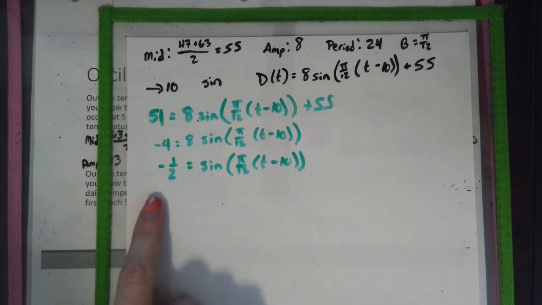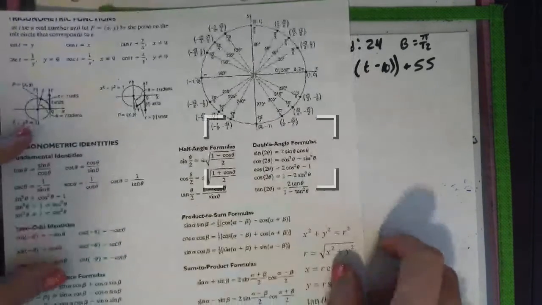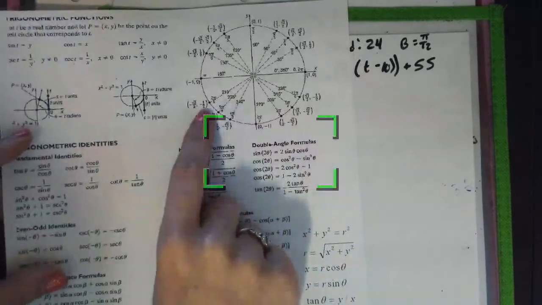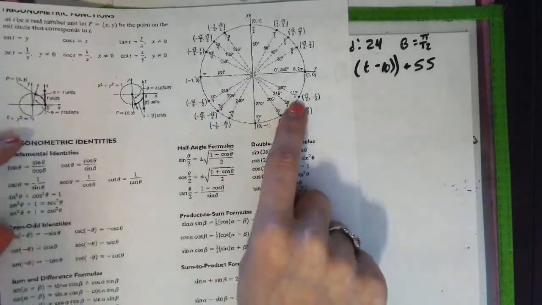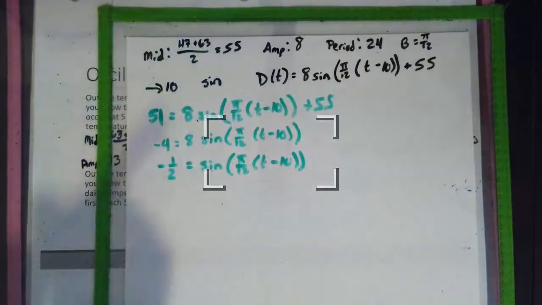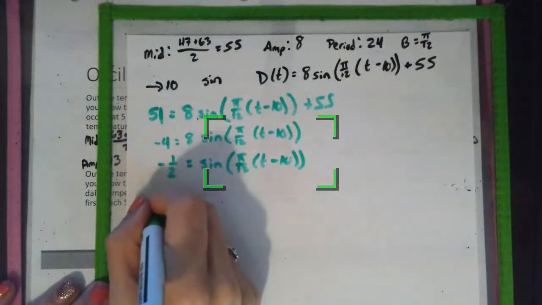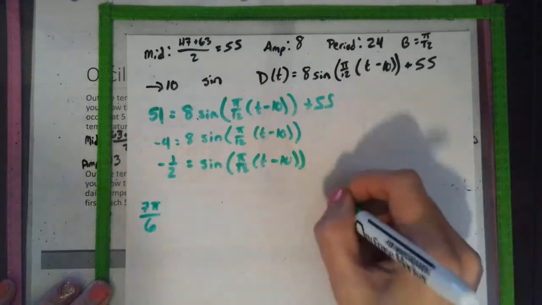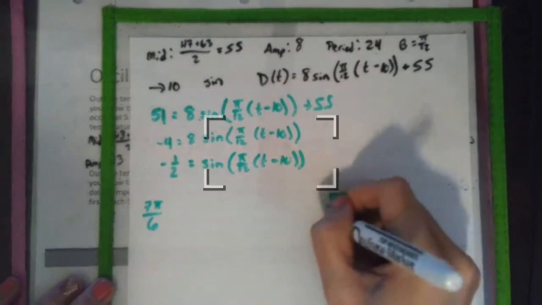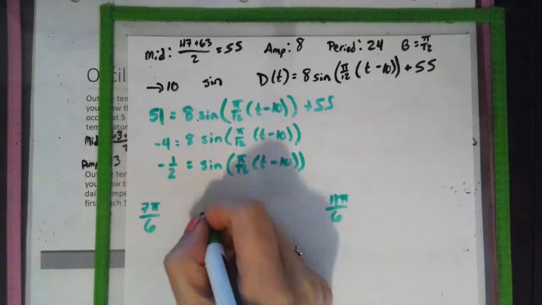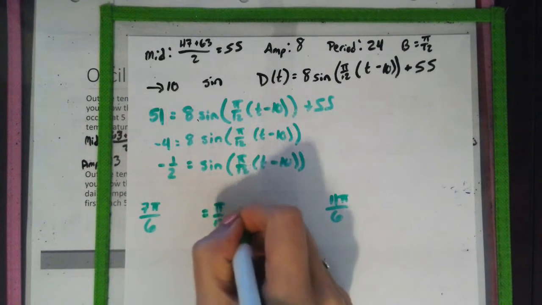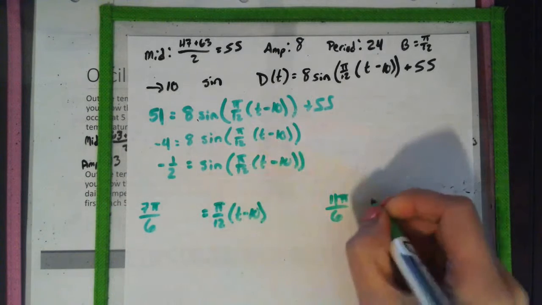To have a sine value of negative 1/2, that's going to be right here at 7 pi over 6, as well as over here at 11 pi over 6. So we get 7 pi over 6 and 11 pi over 6. Those are the two solutions between 0 and 2 pi. I did this by taking the inverse sine of both sides. So this is equal to my pi over 12 times t minus 10.